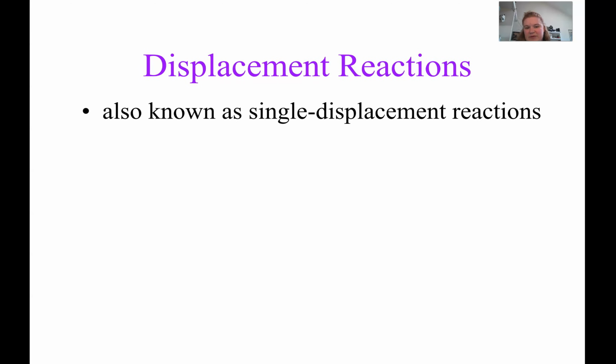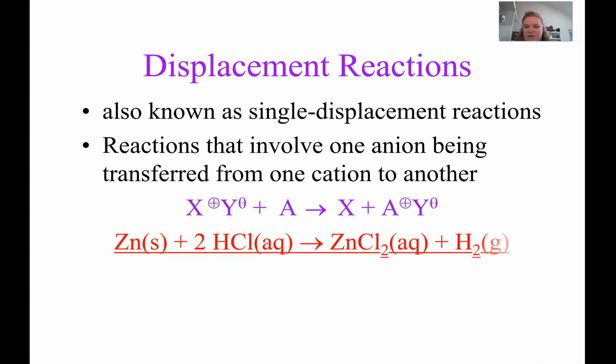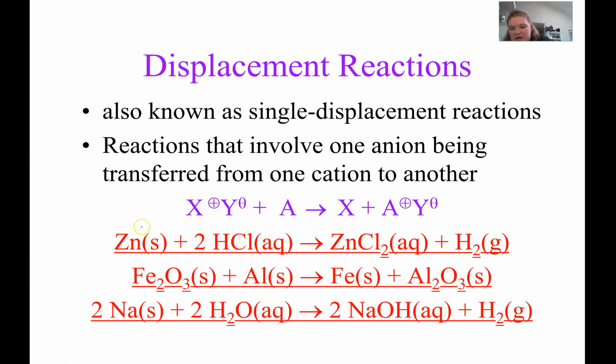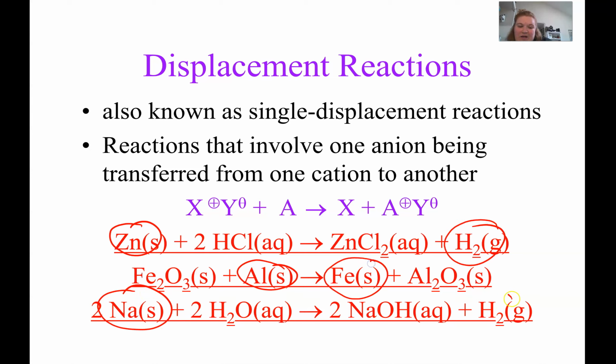Next are displacement reactions, and more specifically, these are called single displacement reactions. So this is when we have an atom by itself, and it's reacting with a molecule, and now a new atom is by itself. So essentially it's switching places.